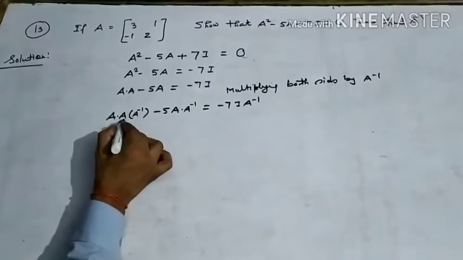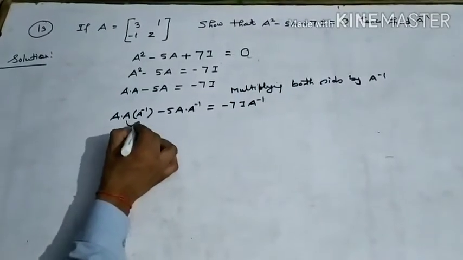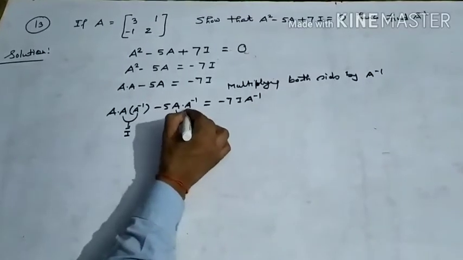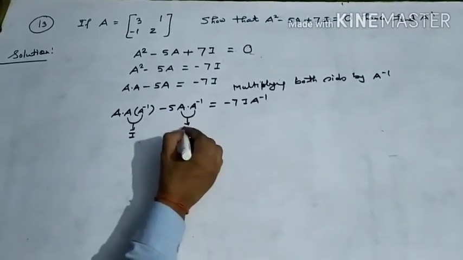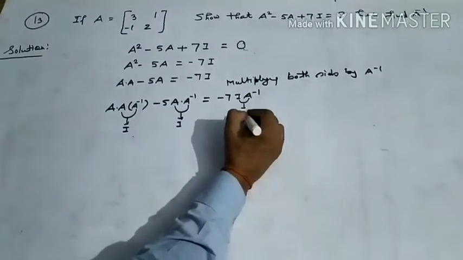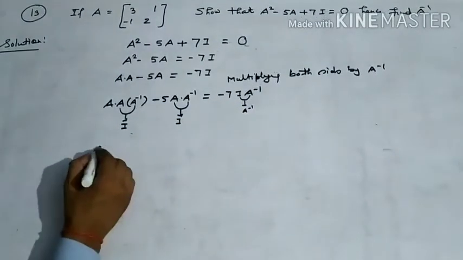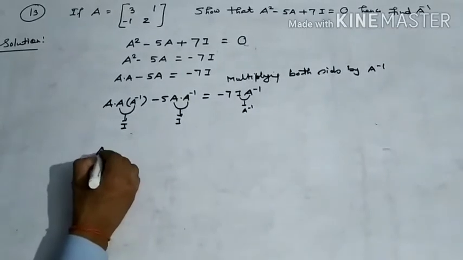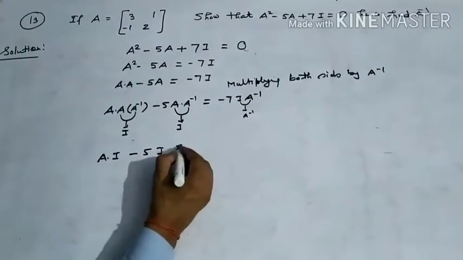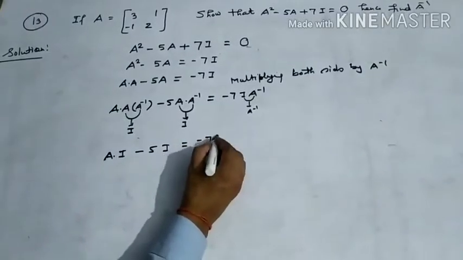So here you have to see A into A inverse is the identity matrix, and here also this is the identity, and here I into A inverse. So simply what we will get? A inverse. So this is A into I minus 5I, and here this becomes minus 7 A inverse.